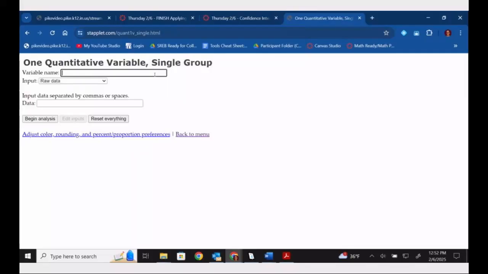All right, and then variable name. This would be daily phone screen time. And we're going to enter this data in.